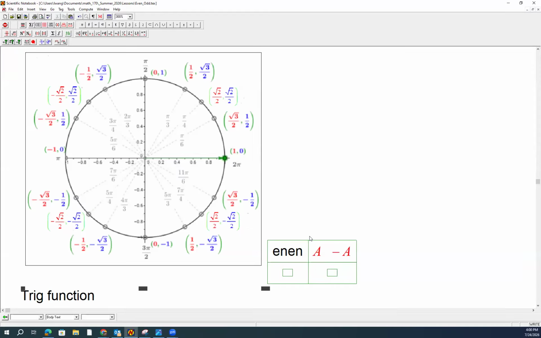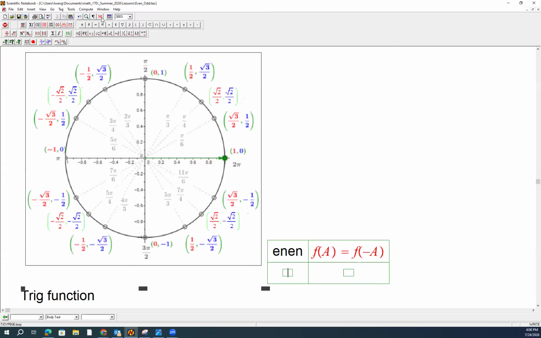Opposite inputs produce the same output. So when we have this kind of function, we call it an even function: opposite inputs produce the same output.